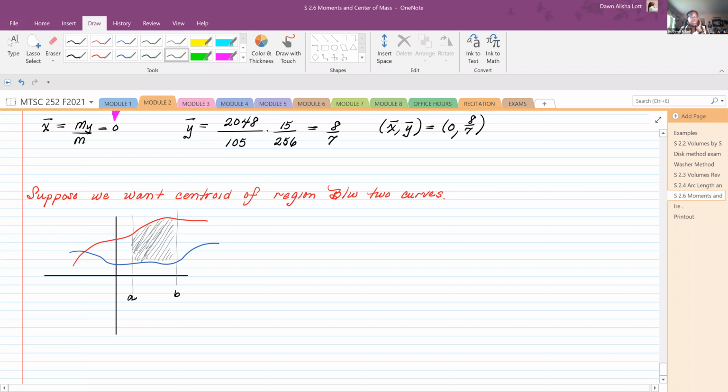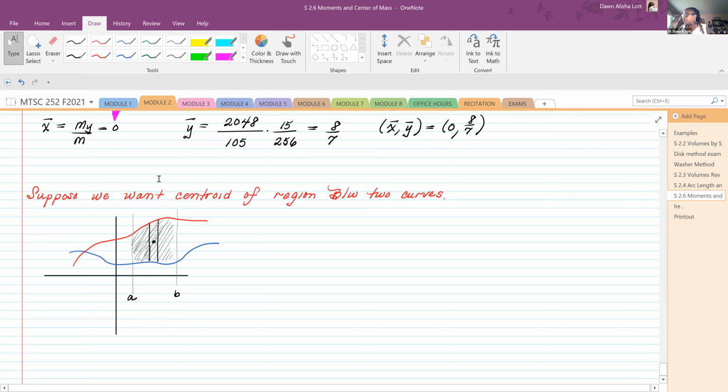All right, I want to do the same thing we did before, and that is, I want to grab a small chunk, a small section right here. And there's my mass.